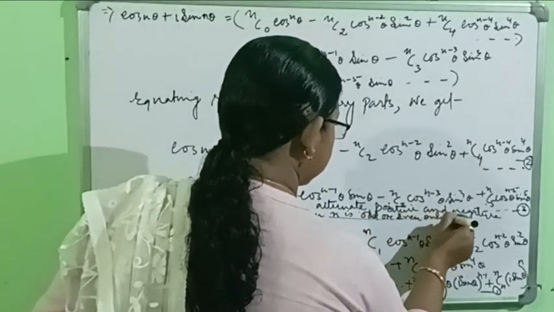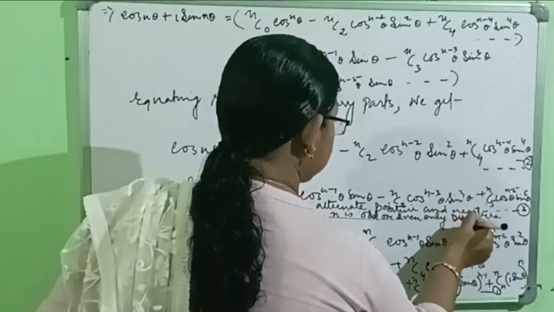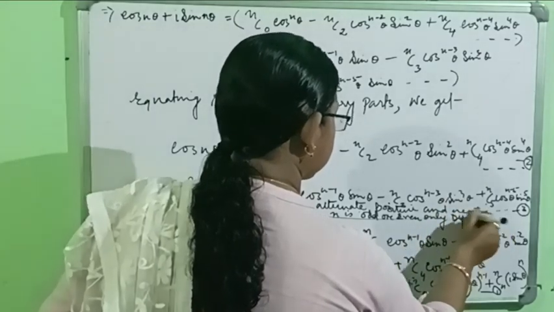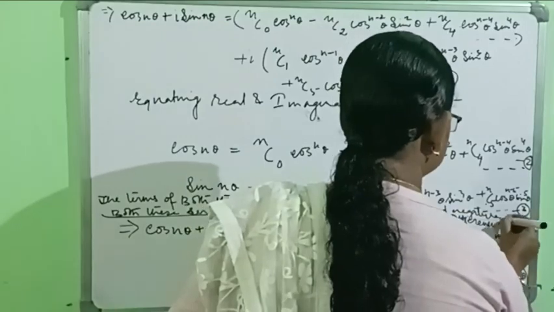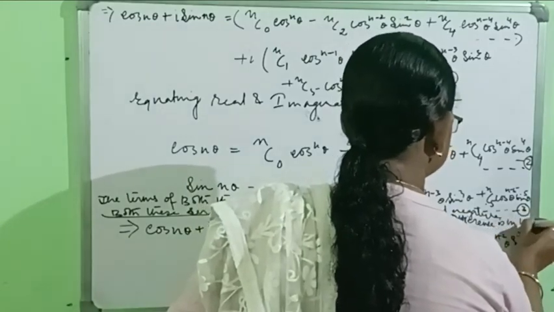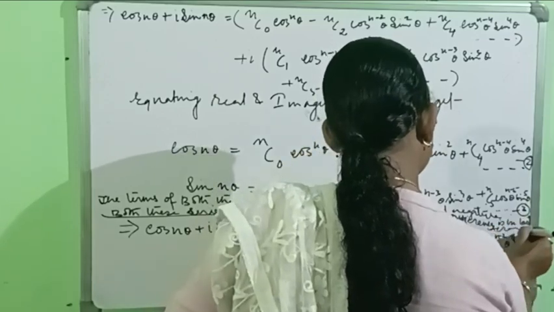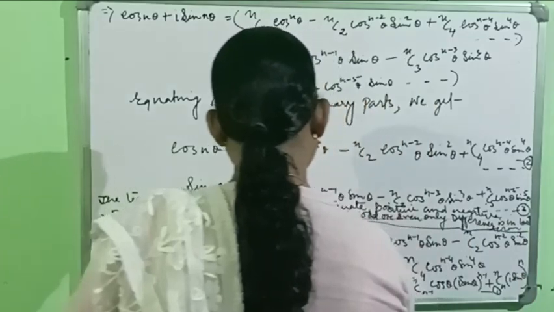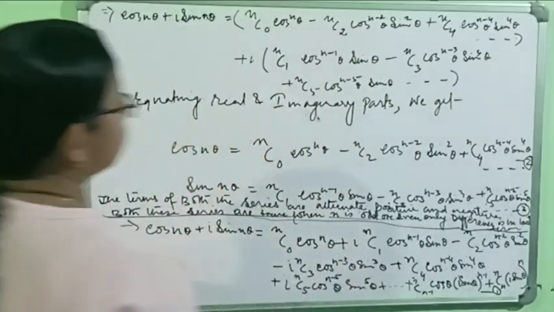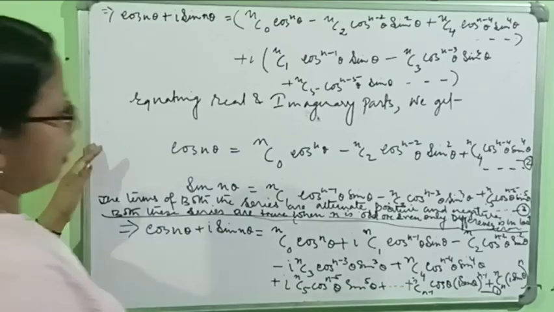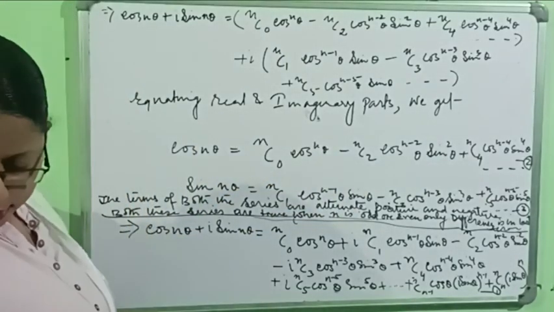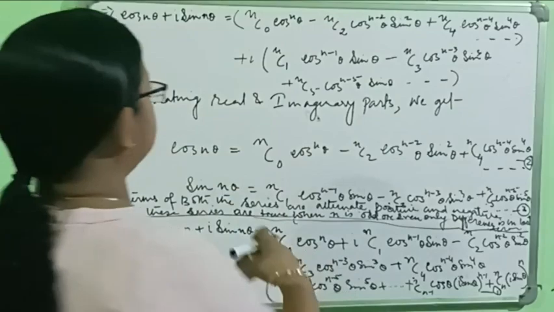The only difference is in the last term. Now we are going to find out this series when n is odd and when n is even.